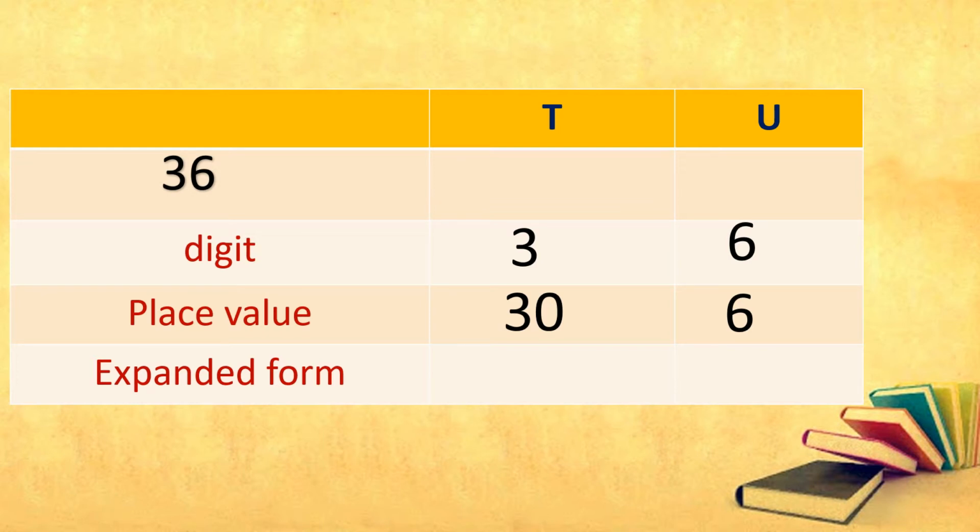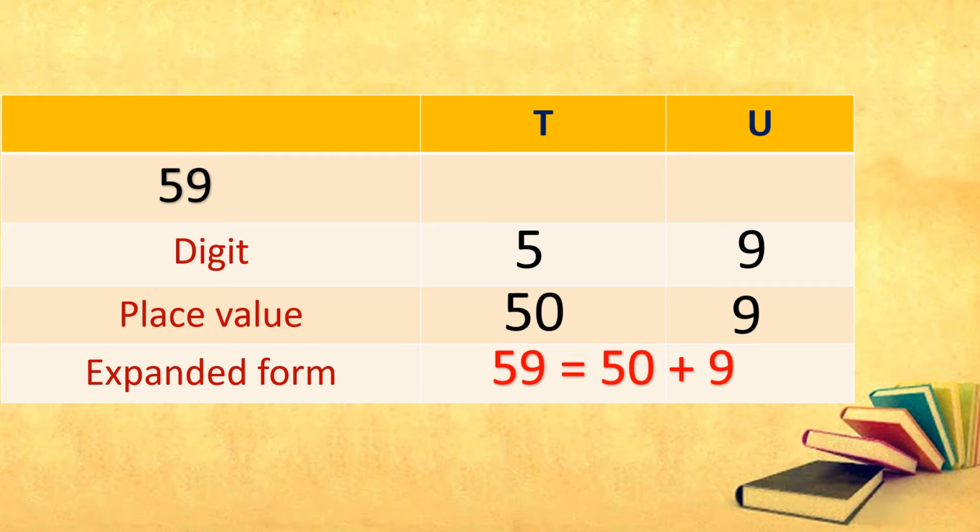The place value of 3 is 30 and the place value of 6 is 6. So, the expanded form of number 36 equals 30 plus 6.